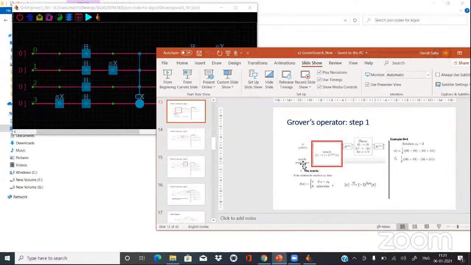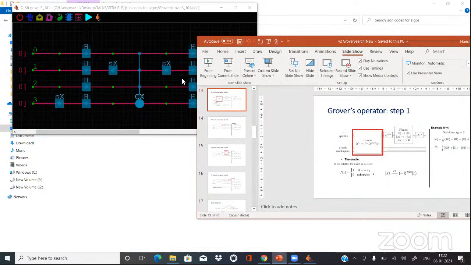So if you see here, fx is coming here, and here we are having 0 minus 1 by root 2. When we apply Hadamard on this state, it will become 0 minus 1. Is it clear? Yes, sir. 0 minus 1 is XORed with this fx. This qubit is XORed with fx only.